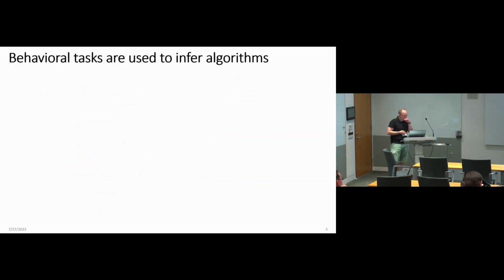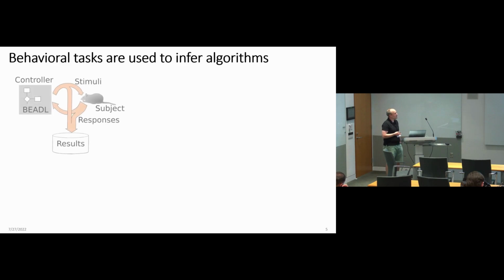So making a step back again, what's actually the point of behavioral neuroscience? We have some kind of system that is controlling an environment. We have subjects, in our case rodents, but it can also be monkeys, humans, whatever, that are presented specific stimuli. They respond with some kind of action, some kind of behavioral output, and we want to store this.